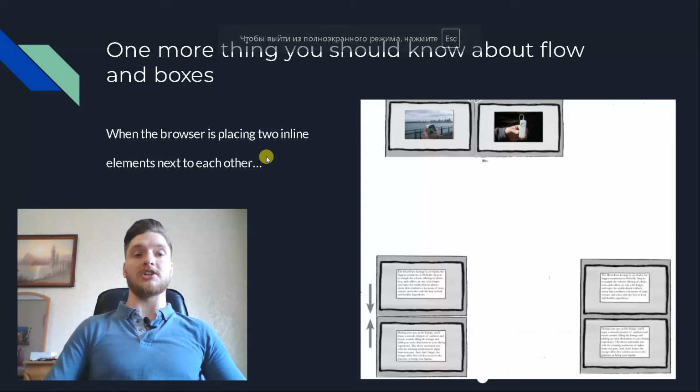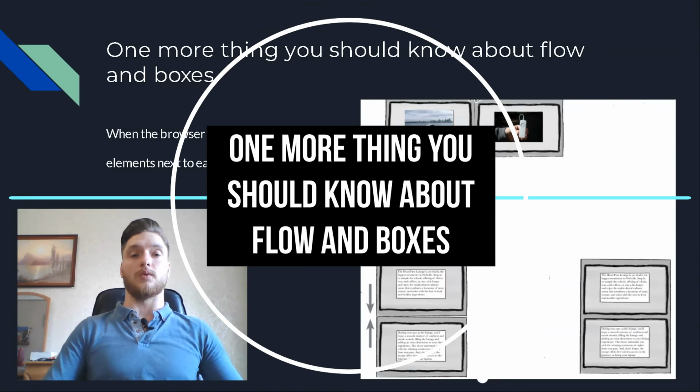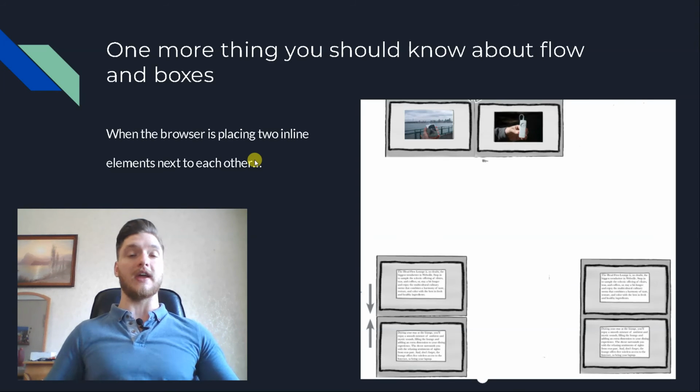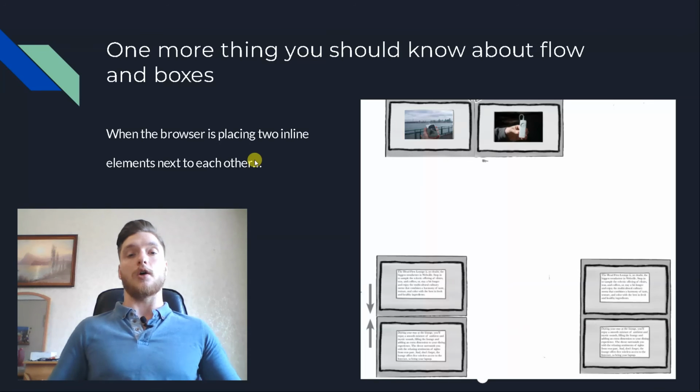So let's zoom in just a bit and look at one more aspect of how the browser lays out block and inline elements. It turns out that the browser treats margins differently depending on which type of element is being placed on the page. When the browser has the task of placing two inline elements side by side, and those elements have margins, then the browser does what you might expect.